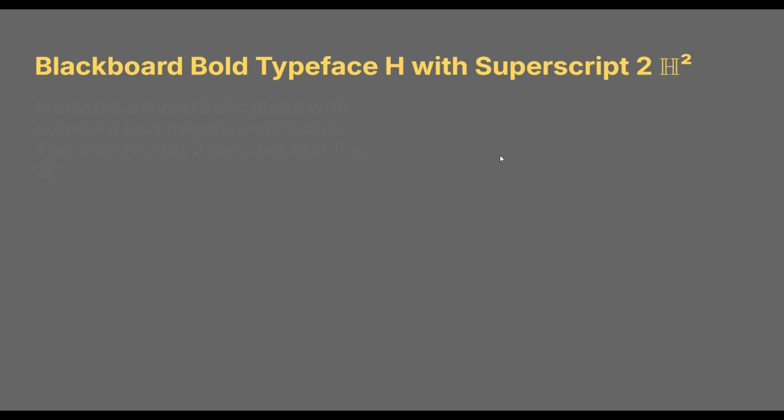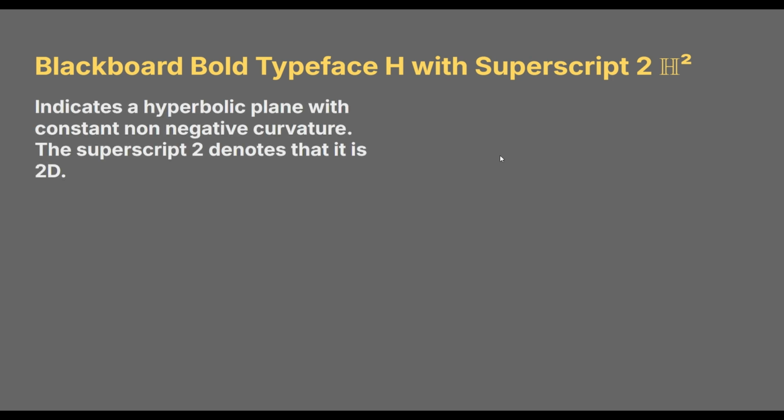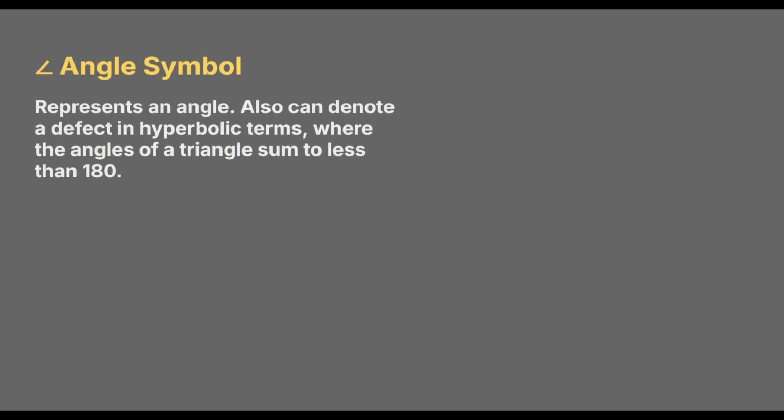Blackboard typeface H can denote the set of quaternions, but it is more commonly used to indicate a hyperbolic plane of constant negative curvature. The superscript 2 denotes that it is 2D. Angle symbol represents an angle. It can also denote a defect in hyperbolic terms, where the angles of a triangle sum to less than 180.